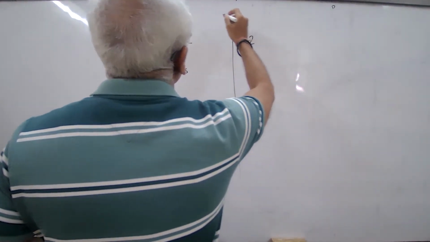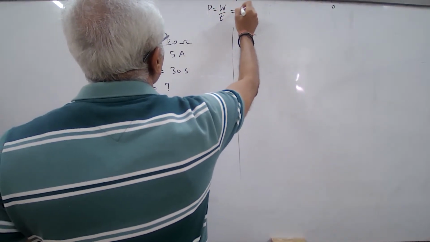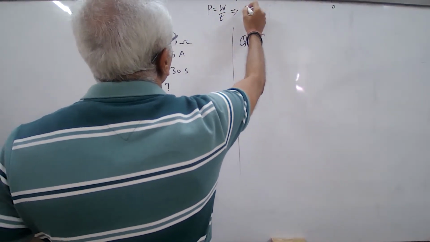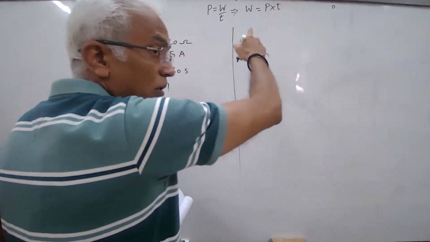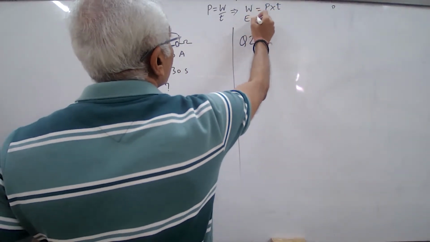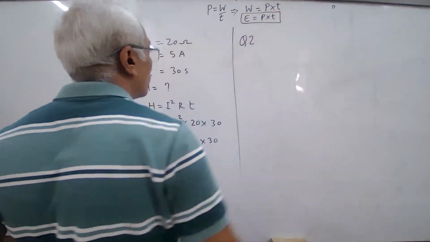So you can write one more formula like power is W by T, right? So this also implies W is equal to power into time. Okay, so which is energy. Energy is power into time. This is one more formula.